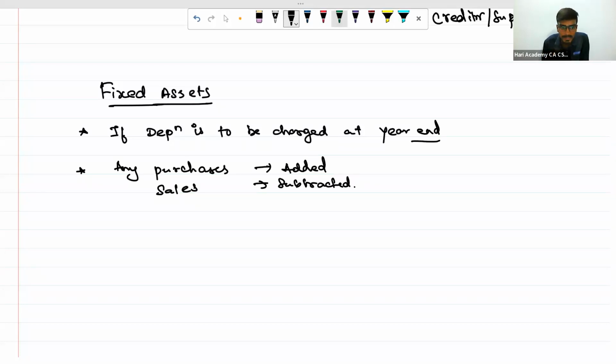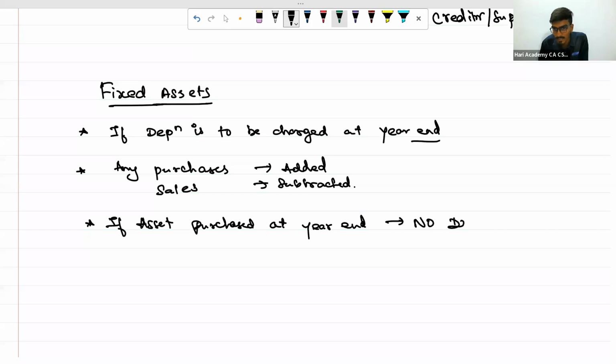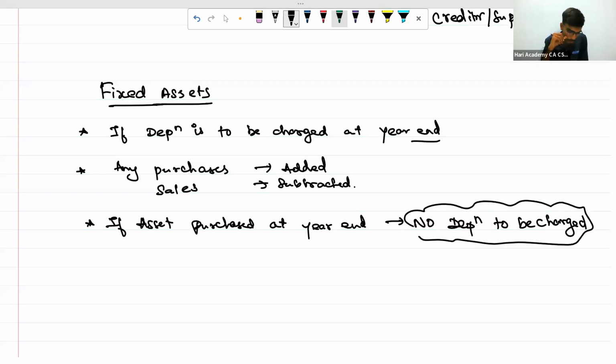Next, if an asset is purchased at year end, no depreciation should be charged. No depreciation will be charged on the assets purchased at the year end.